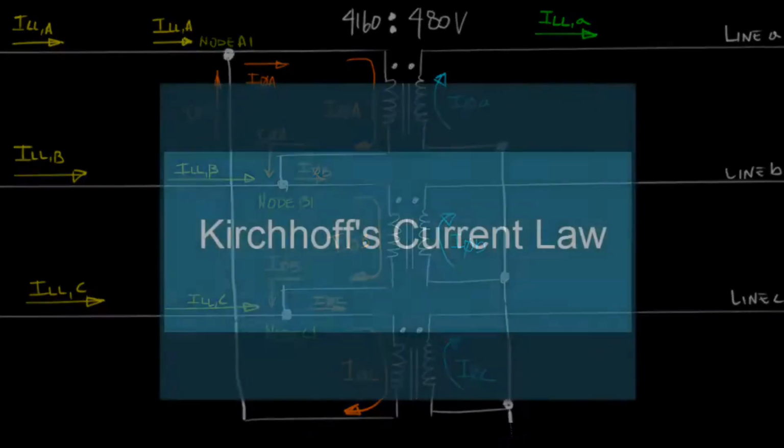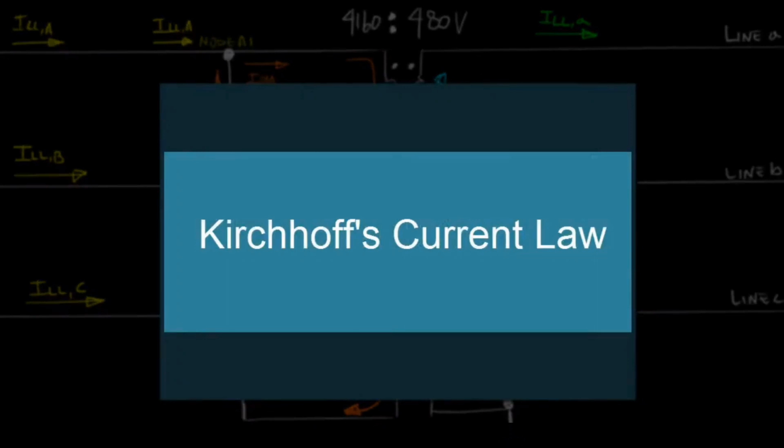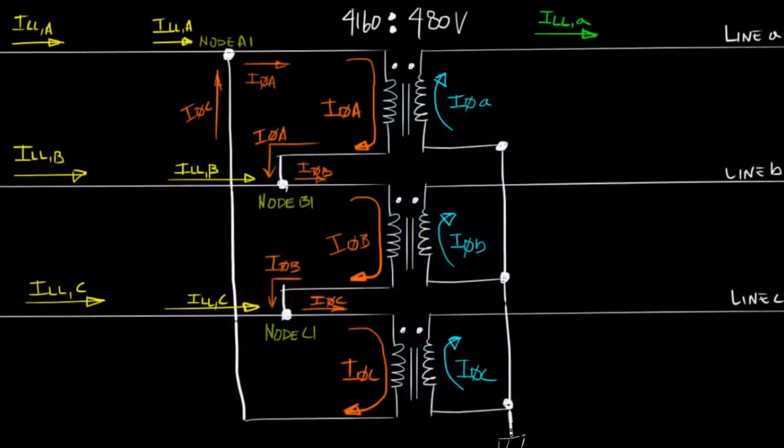We are now going to use Kirchhoff's current law on each node to describe the relationship between line currents and phase currents. Let's start from node A1. We can visually verify that line current A flows into node A1.